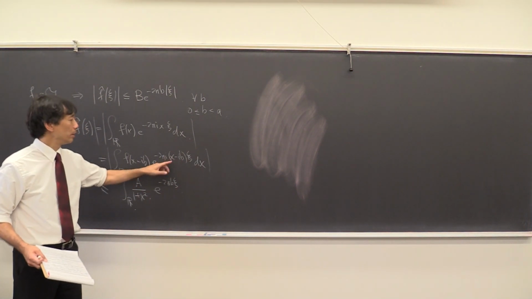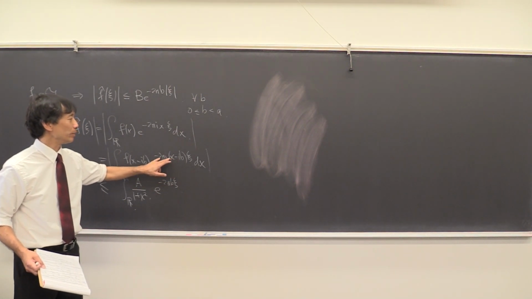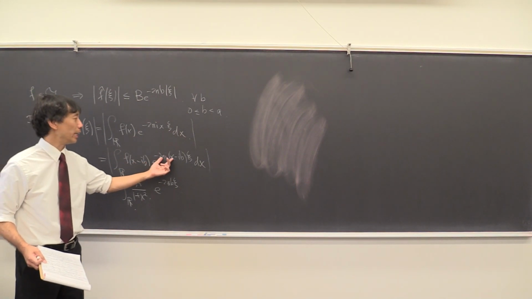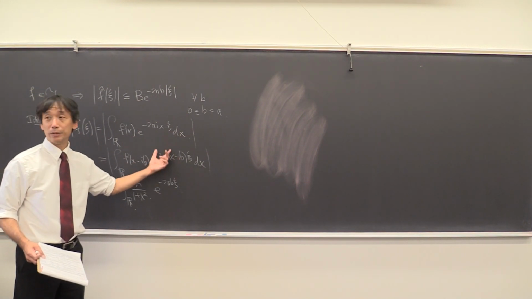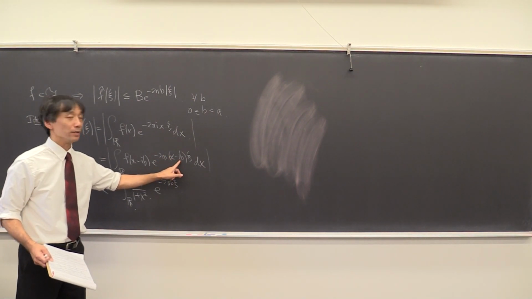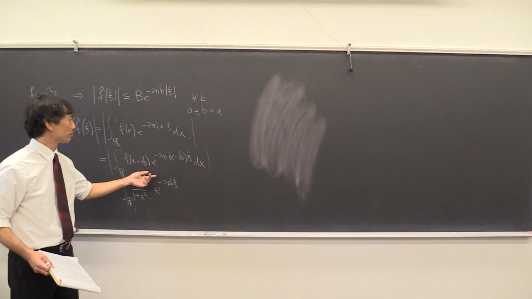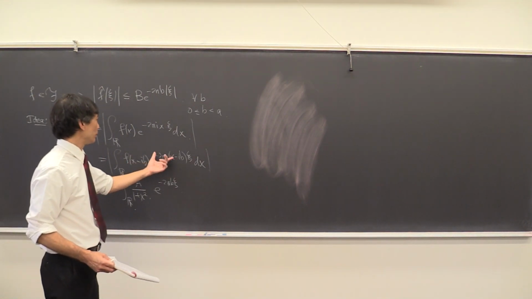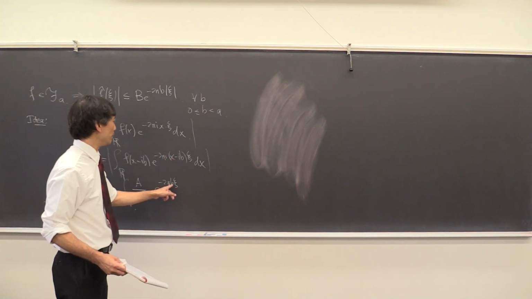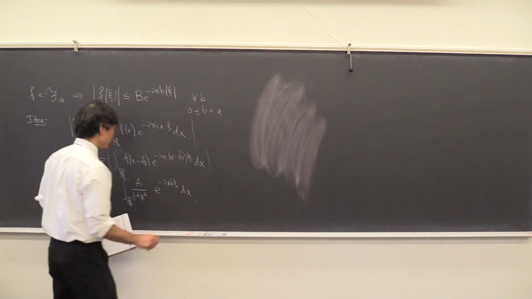The size of e to the 2 pi i x xi is just going to be 1, and the only thing that matters is this negative ib. So you're going to get e to the negative 2 pi b xi, dx.